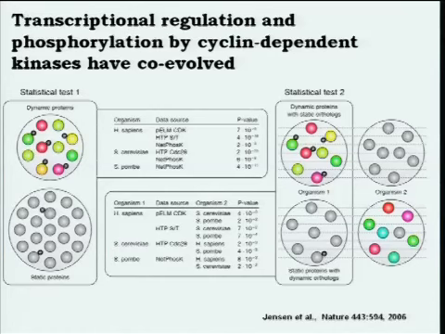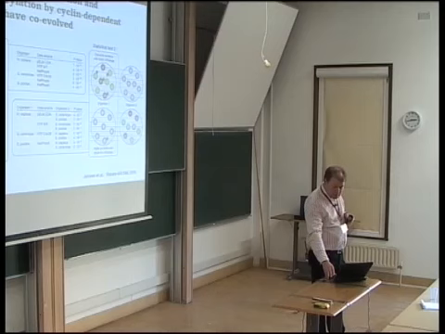But we remember that the dynamic proteins are different proteins in different organisms. There's also another statistical test here that I just skipped, a more stringent one, showing the same.